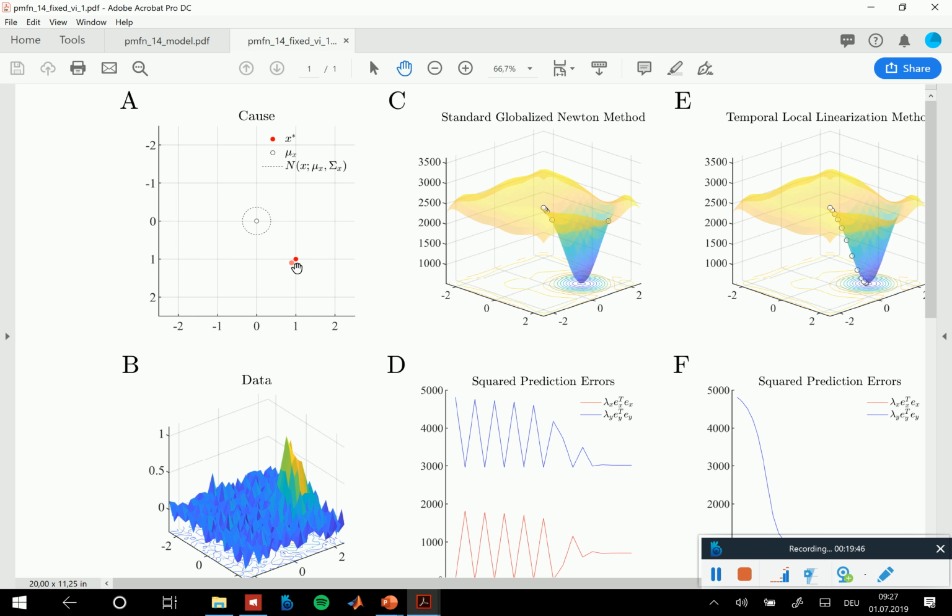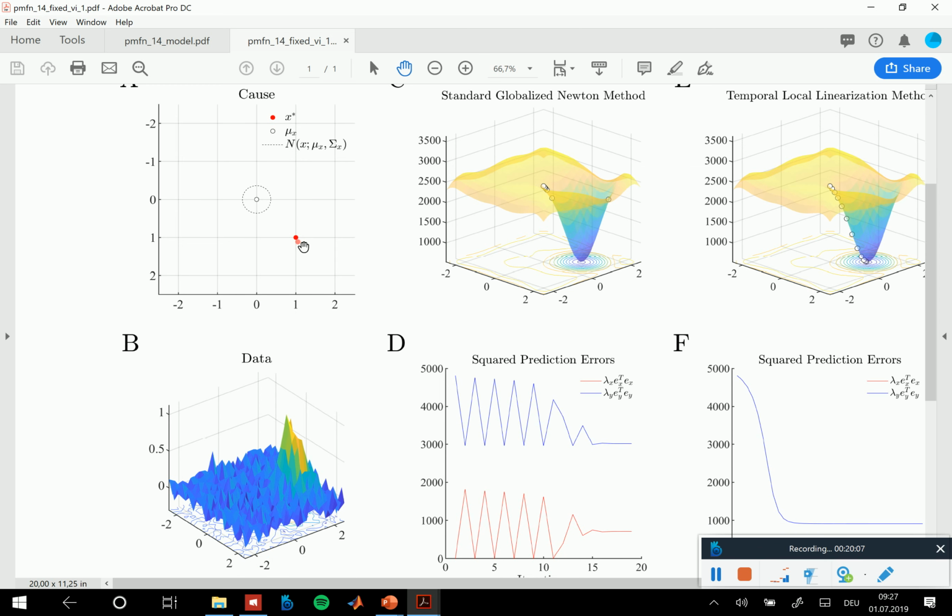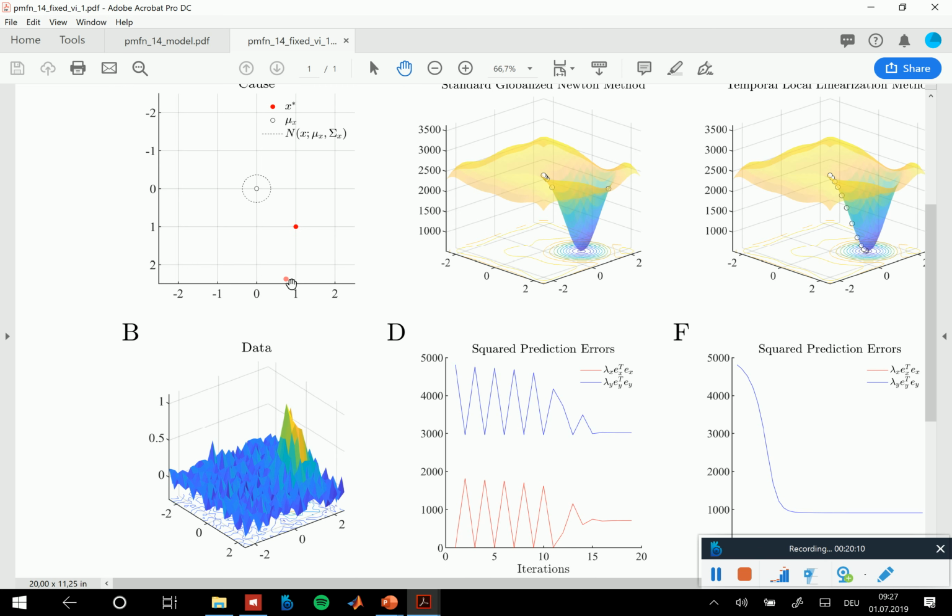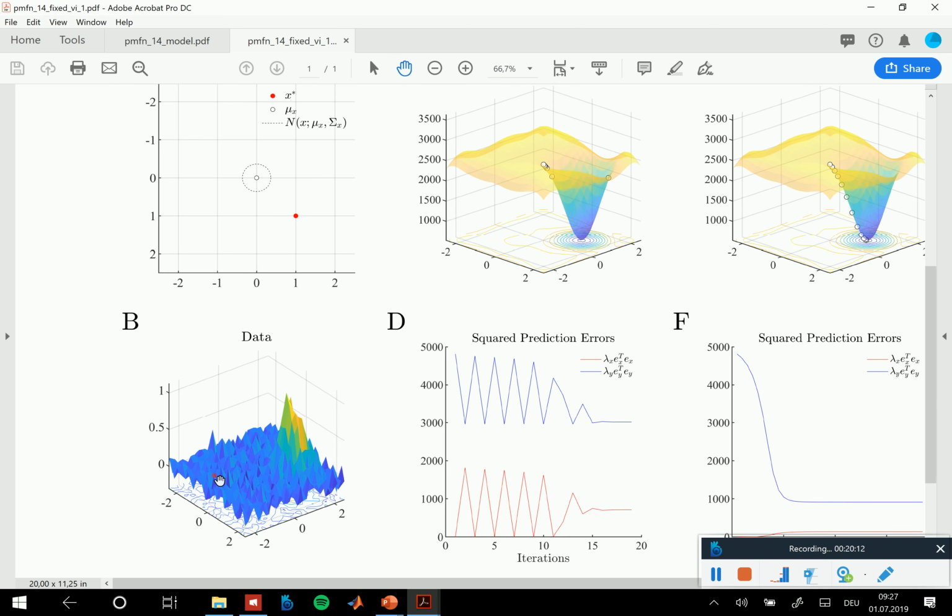And then the agent, the cat, has a prior which is just centered on 0, and in this case is fairly tight, but not too tight. And this is the true but unknown cause, this 2D vector, and what is actually observed is something like this.